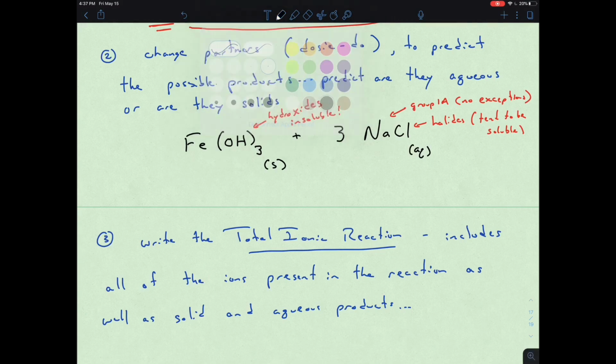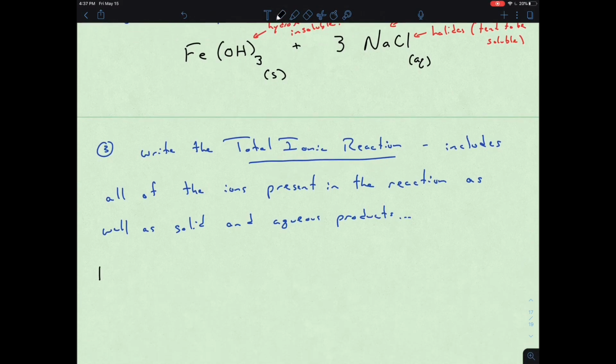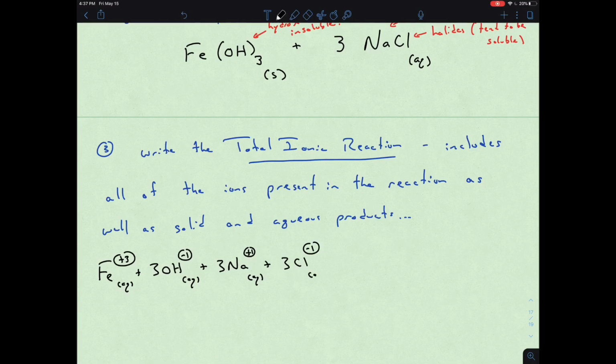So if we write the whole reaction now, we would say that I have iron plus 3, it's aqueous. I have those 3 hydroxides, each one minus 1, that's aqueous. I have 3 of those sodium ions. And I have 3 of those chloride anions. And that is going to produce, and I apologize, I put these all together, this is fine.